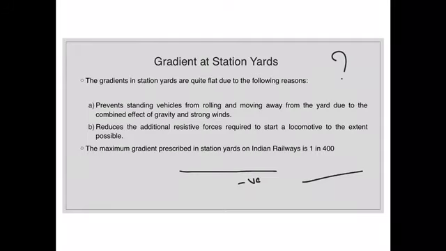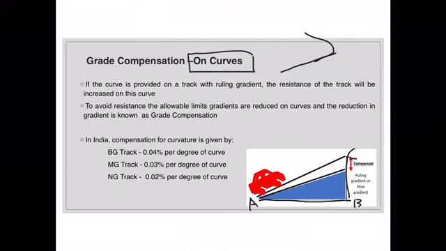Though the ruling gradient is prescribed, sometimes we limit the gradient provided, so the gradient we provide will still be steeper than the prescribed ruling gradient. You can see in the picture how much gradient needs to be provided from, say, point A, B, C. From B to C, that is the gradient to be provided.